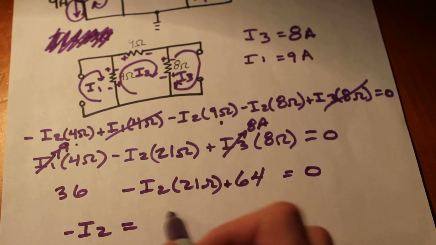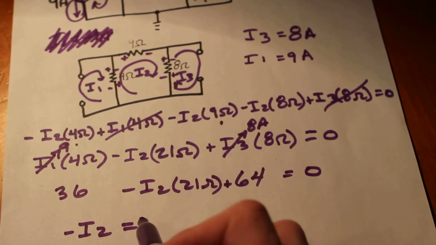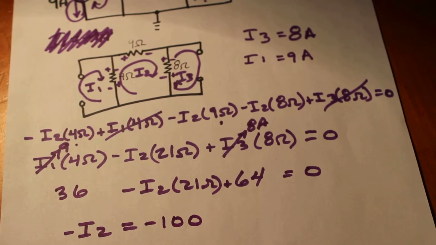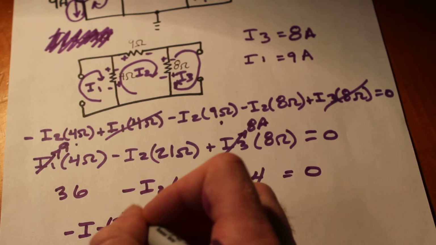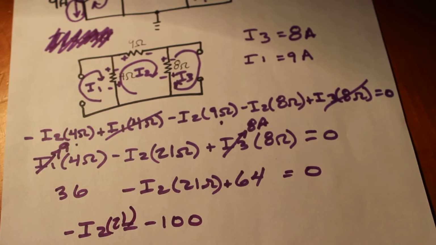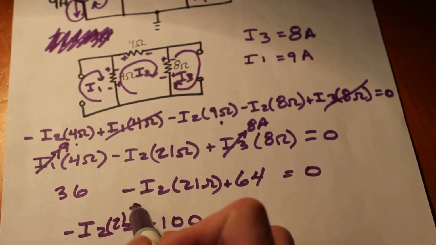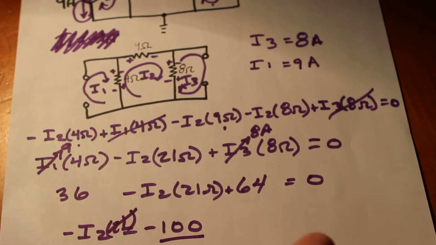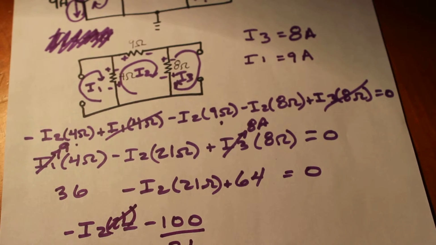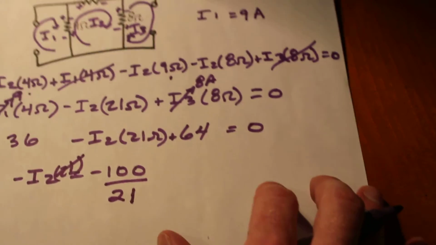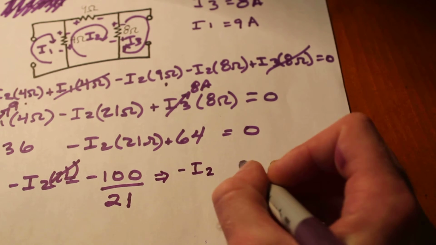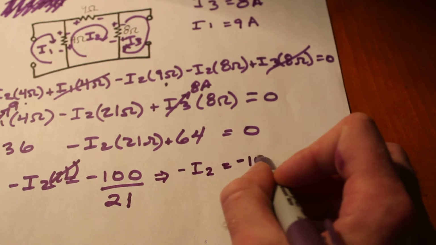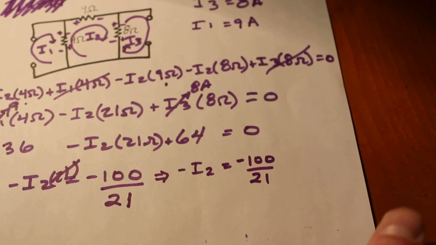We have 64 and 36 on the other side, negative 100. Sorry, this should be I2 times 21 still. We take that 21 and divide 100 by 21. So we have negative I2 equals negative 100 over 21.